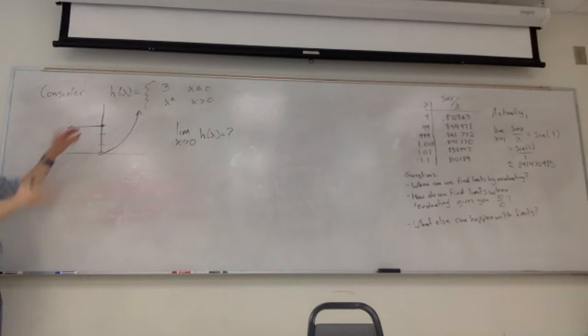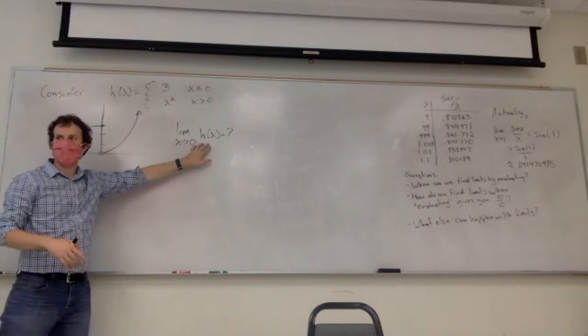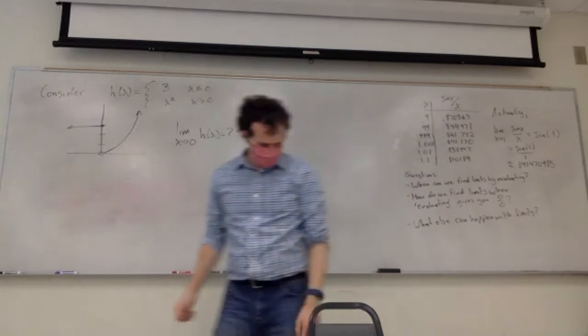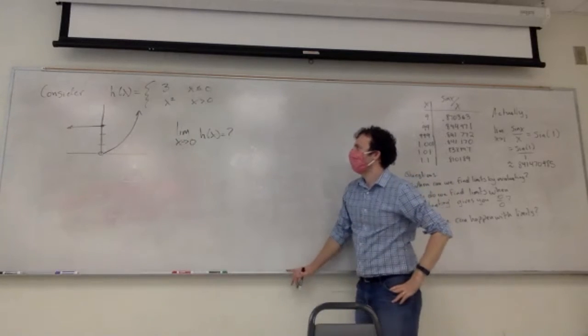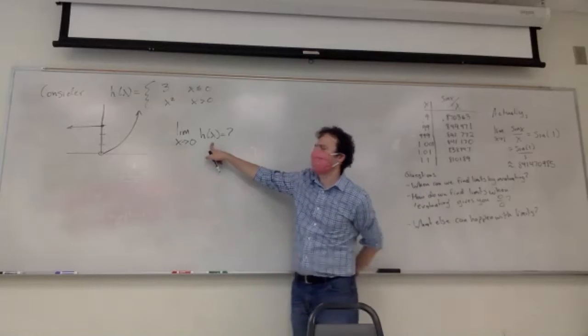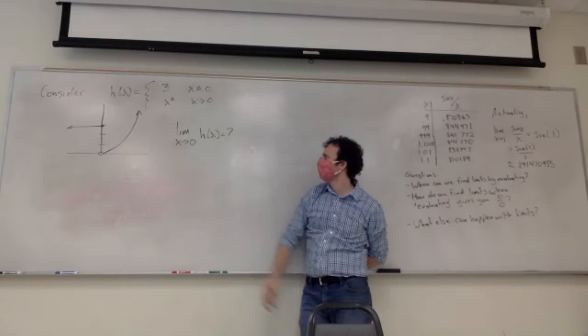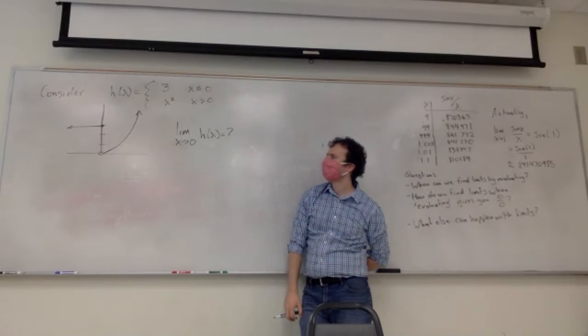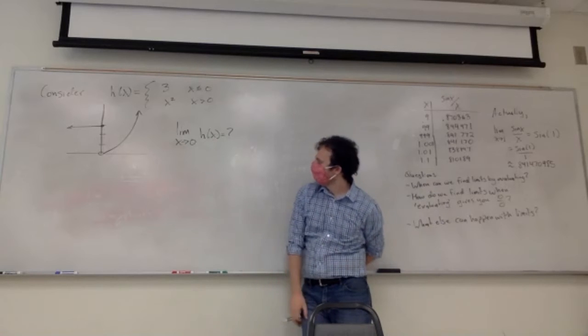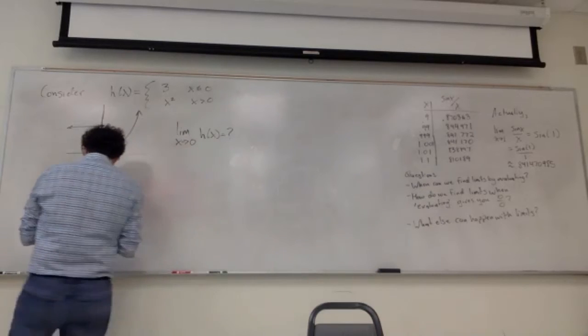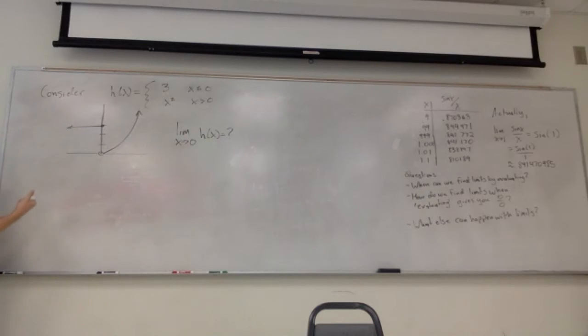This point where we switch from one piece to the other piece, what do we want to say about that limit? And what value do you think this should be? 3.